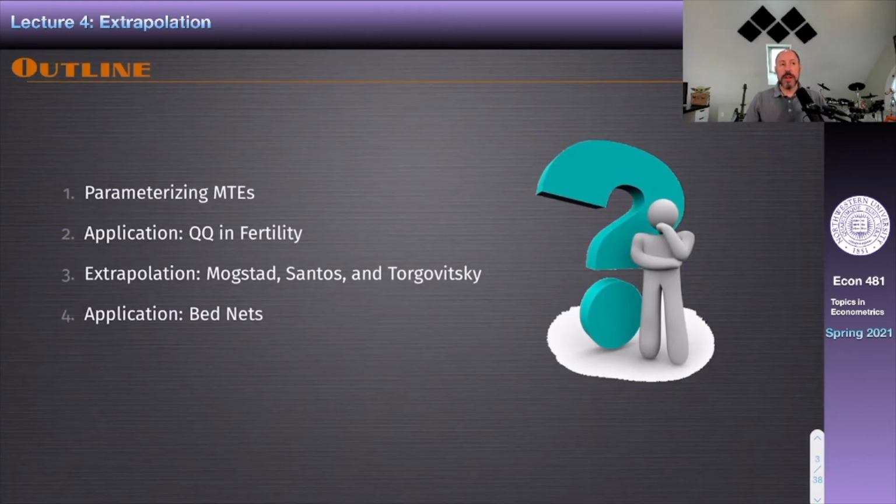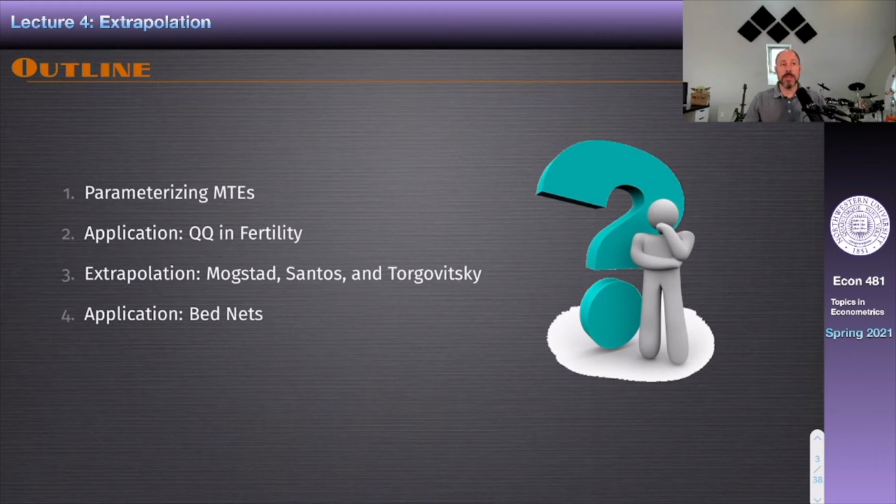In terms of the outline, I'm going to be talking about parameterizing MTEs, which is the first paper that I listed before. They have an application to quantity-quality in fertility, QQ in fertility. We're going to go over that briefly, and then we're going to present the paper on extrapolation by Mogstad, Santos, and Torgovitsky.